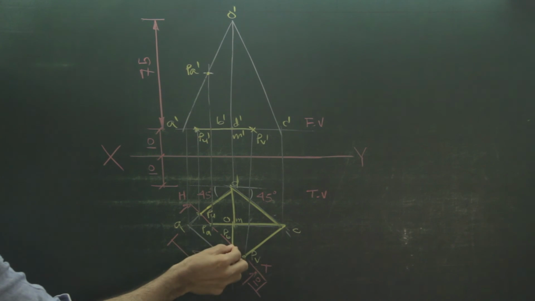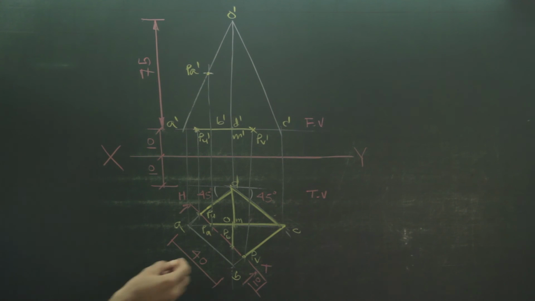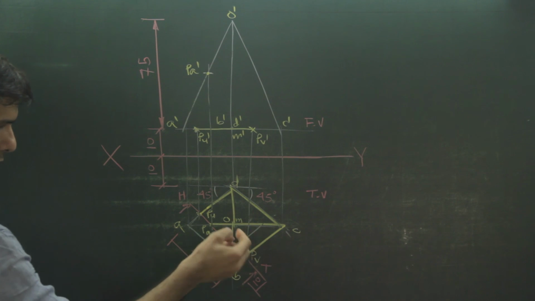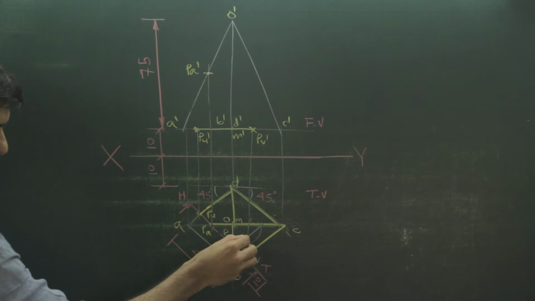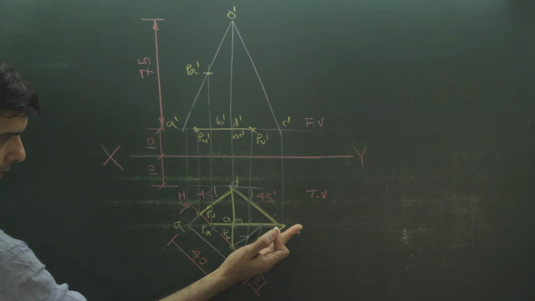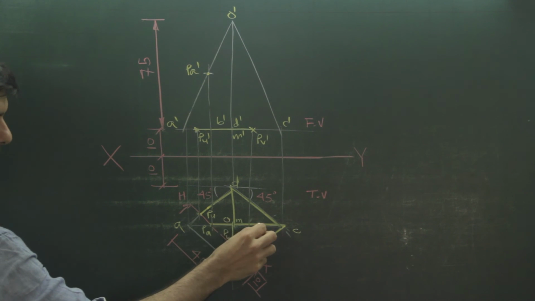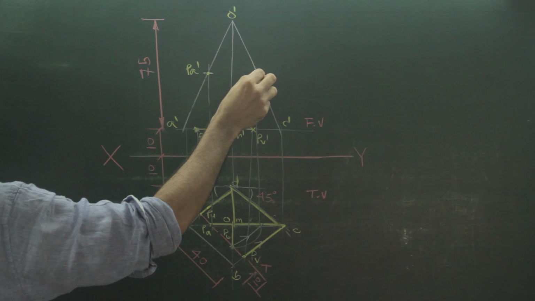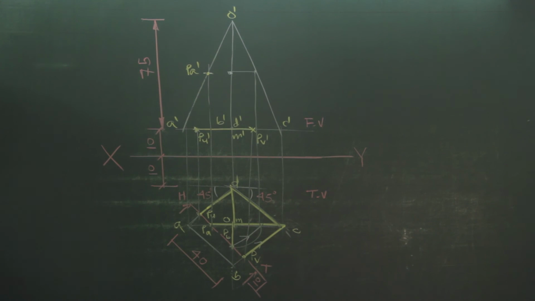Now this point PB. Now we can't take this point straight up. So what we can do? We can take parallel to base, or we can rotate. See, both will be same in this case. So either you take parallel to base, parallel to this, that is 45 degree, or you rotate till here, then you go up straight till here, and then wherever it will intersect, from there you take horizontal line. All of you got this?